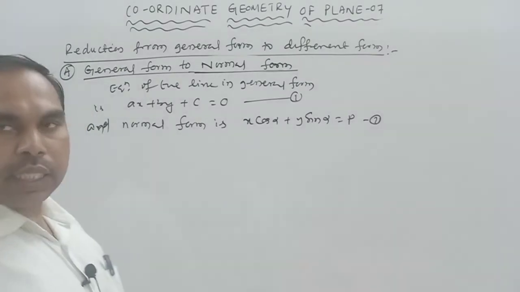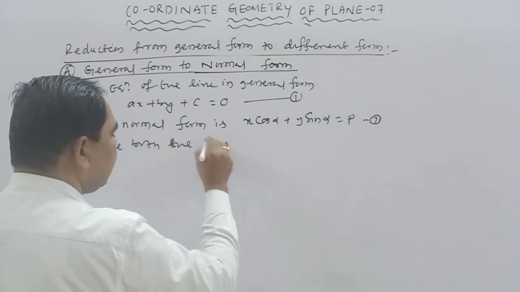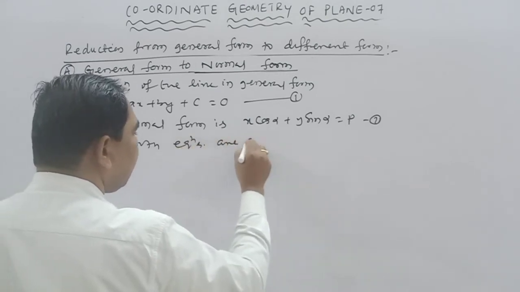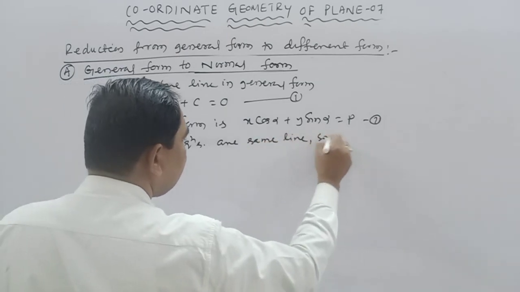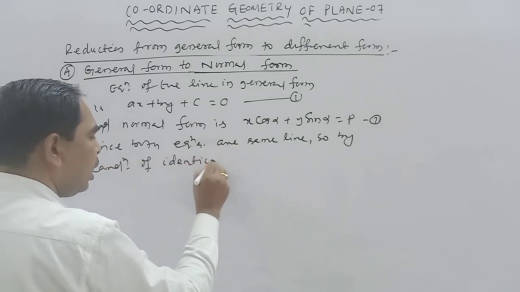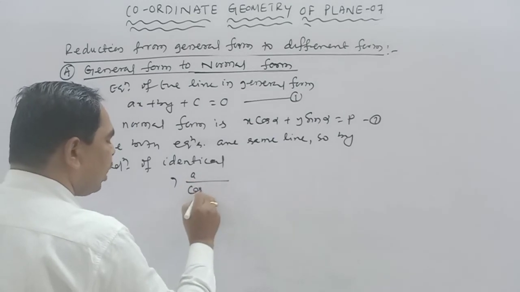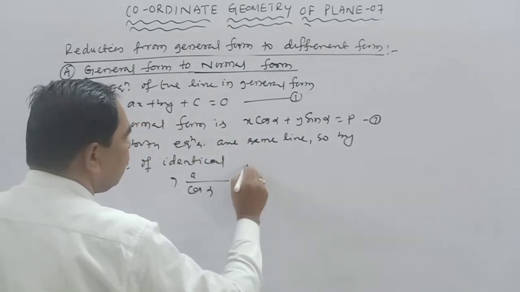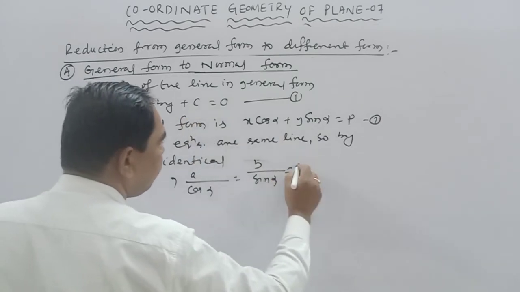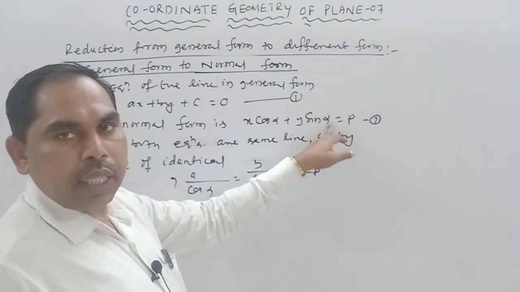Since both the equations are the same line, by the condition of identical lines, coefficient of x divided by coefficient of x, a divided by cos alpha, is equal to coefficient of y divided by sin alpha, is equal to the constant term, c by minus p, because this is plus c and this is minus p is equal to 0.